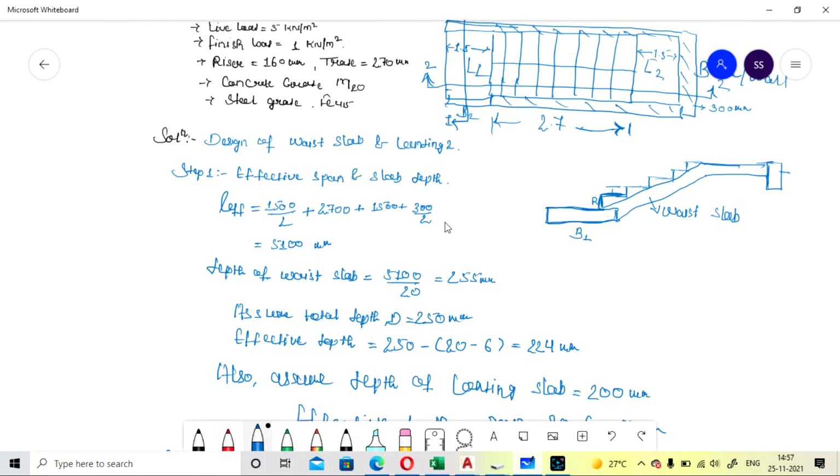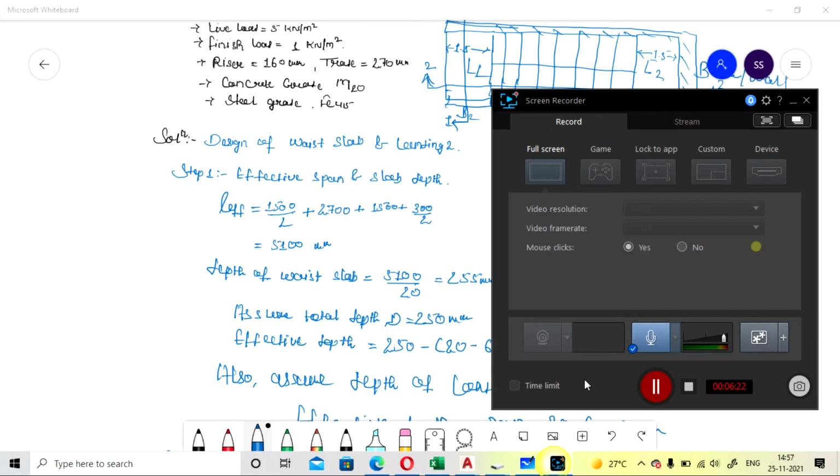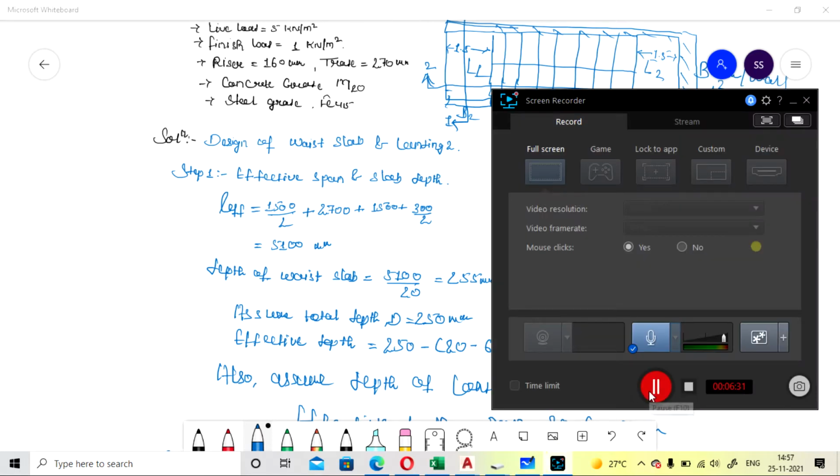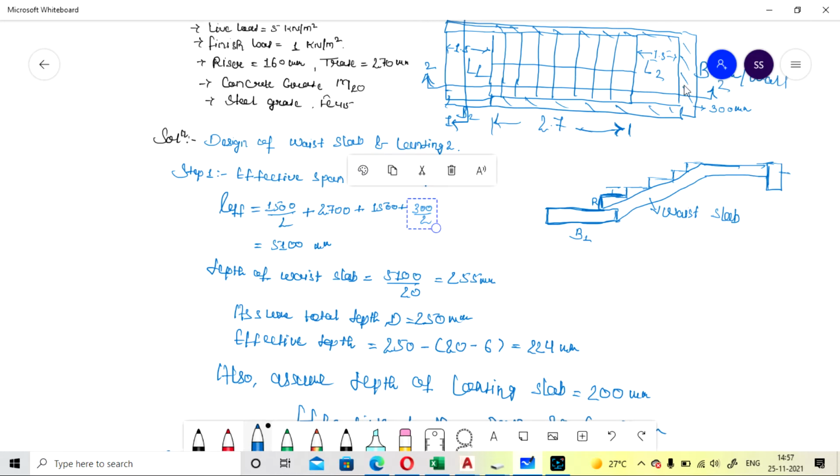So effective length will be 1.5 meter divided by 2, plus 2.7, plus 1.5, this full length, plus the center of the beam, that is 300 by 2. And as the slab is supported on the sides, you have to consider the center of the support for the effective span calculation.